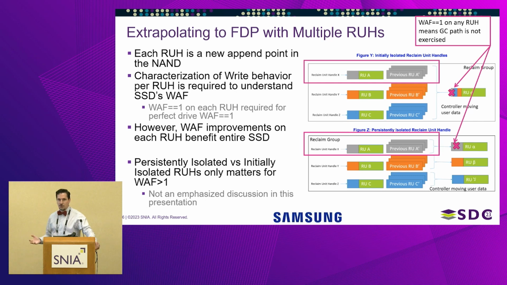There's no need to do garbage collection there. So in both of these, we're going to have the same advantage from a write amplification win. Yes, there are nuances and differences in SSD implementation, but the takeaway for this talk is that we're going to have the same advantages system-wide from optimizing each RUH.